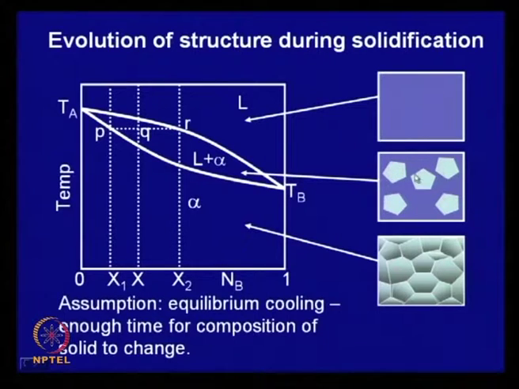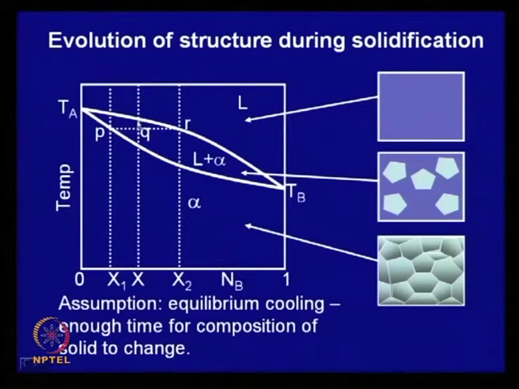Not that they develop all of a sudden; they will nucleate and grow, and this is a continuous process and takes place over the temperature range. The number of these particles grow in size, new particles also nucleate, and they also keep growing as the temperature cools down.